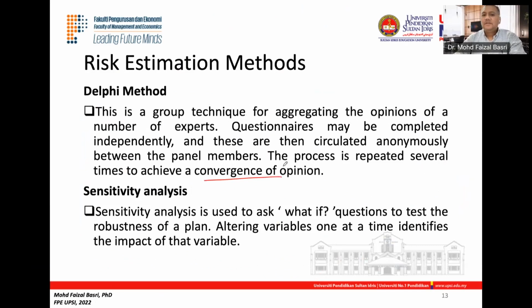Convergence here refers to common opinions on certain issues. Okay, the Delphi method is just like a study group, whereby you take a sample of a few members and then you hand out some questionnaires for them to answer.